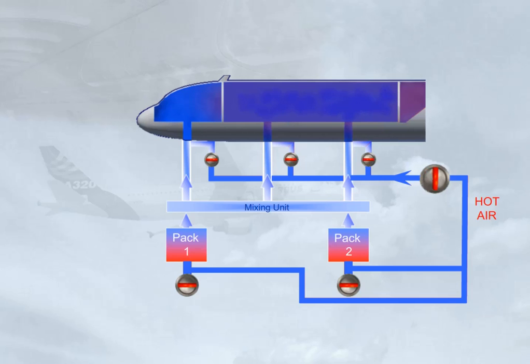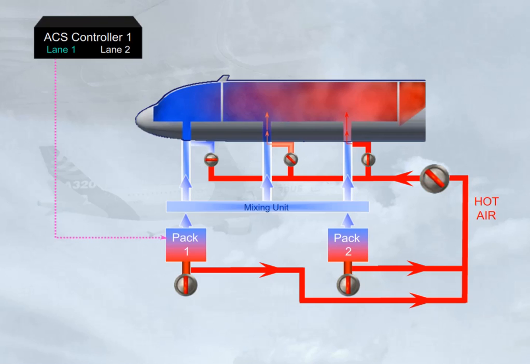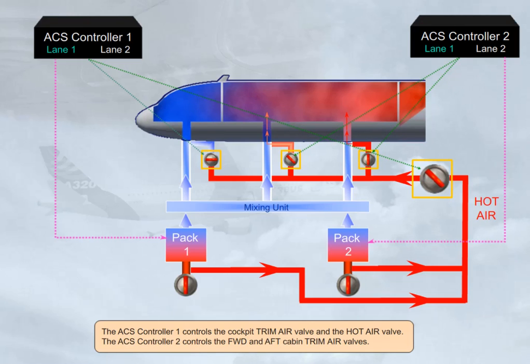The hot air valve and the trim air valves will automatically close. The ACS controller 1 controls the cockpit trim air valve and the hot air valve. The ACS controller 2 controls the forward and aft cabin trim air valves.